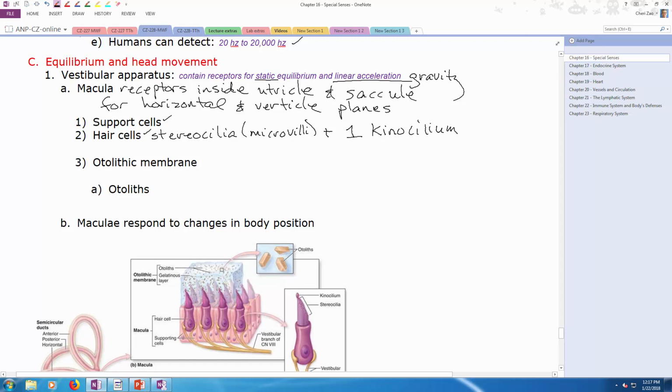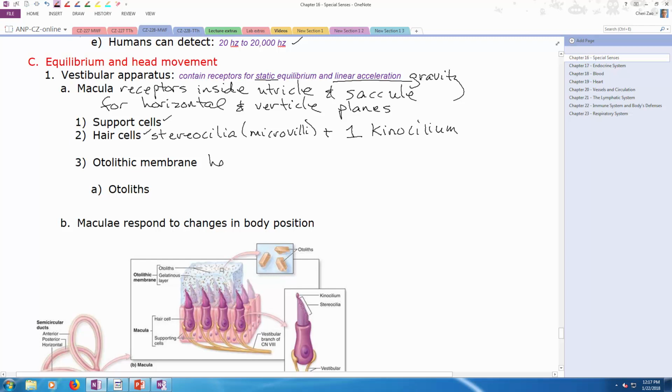That kinocilium is very important in maneuvering or manipulating the stereocilia. In addition to hair cells, we have the structure overlying them, just like we have the tectorial membrane. It's interesting. We have another thing overlying our hair cells called the otolithic membrane.